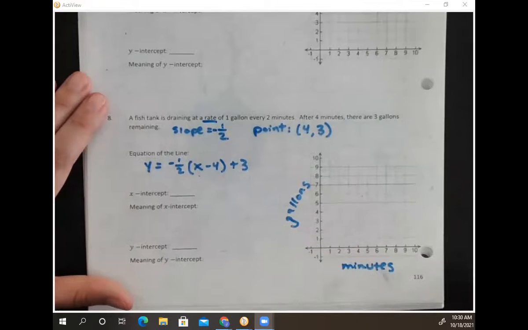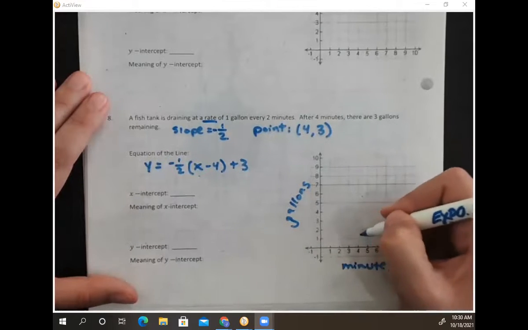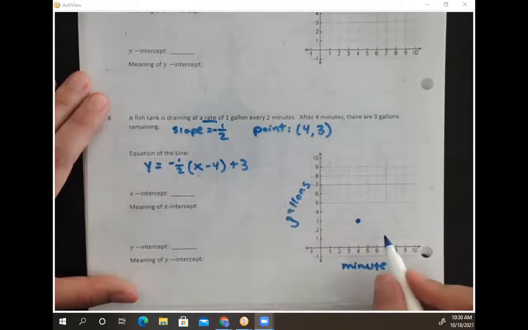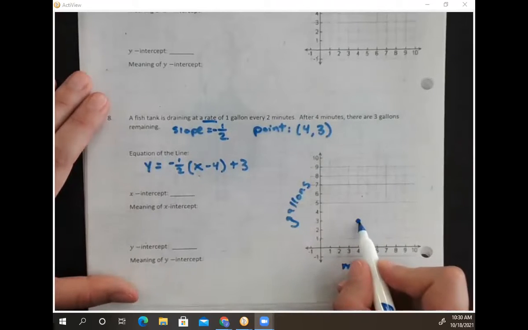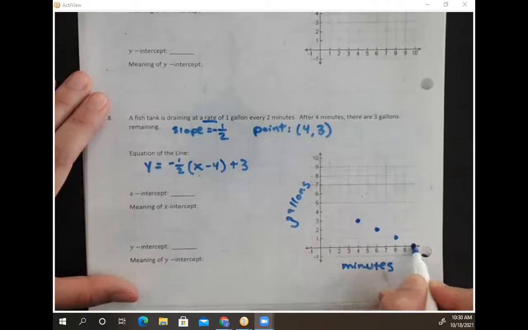I'm going to graph my function. So I've got the point 4 comma 3 on my graph. My slope is negative 1/2. So I lose a gallon every 2 minutes, lose a gallon every 2 minutes.